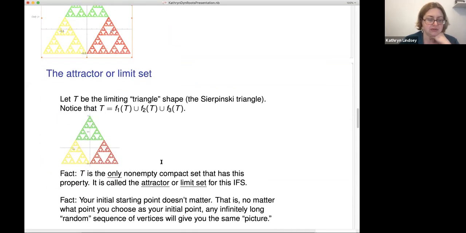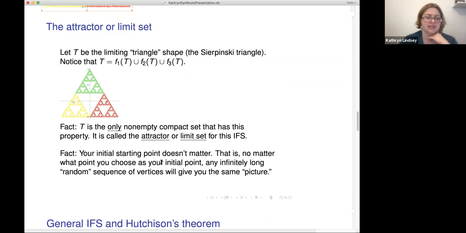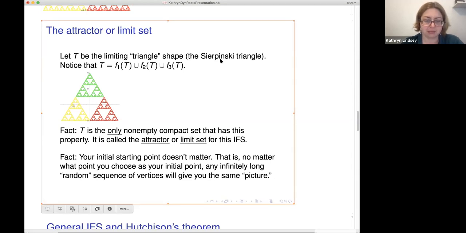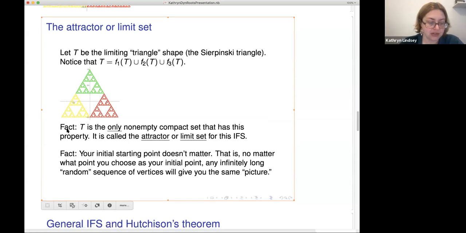Here I've written down what we just saw. Let T be the symbol that denotes this limiting shape, the triangle shape. We saw that T can be written as the union of 3 pieces: F1 of T, F2 of T, and F3 of T. A fact is that this particular set is the only set that has this property.